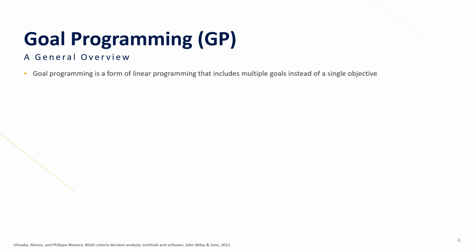However, as we are talking about multiple criteria decision making and multiple criteria optimization, goal programming will include multiple goals instead of a single objective. So the keywords here are multiple goals.